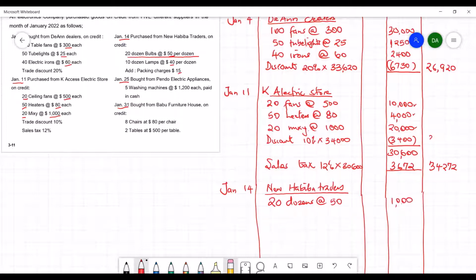Then 10 dozen at 40 per dozen gives a total of 400.